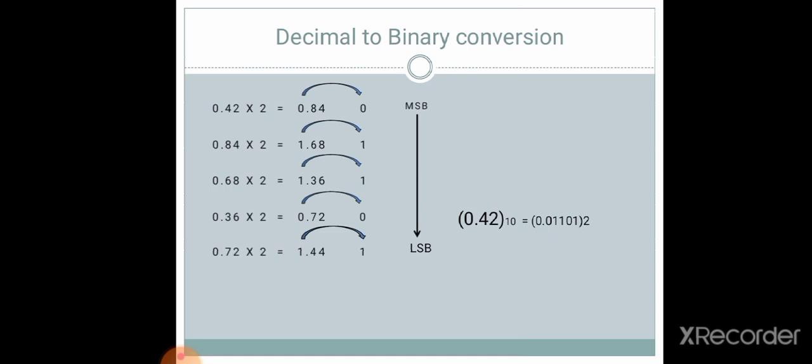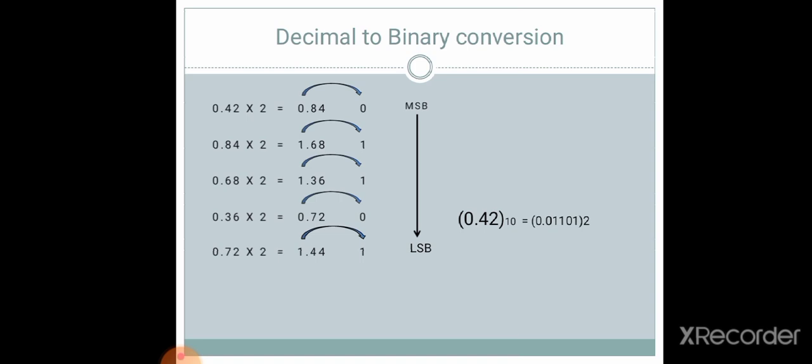right? So when we write down the answer of a fractional number, you have to write down your answer or copy your answer from top to bottom, right? So top to bottom means MSB to LSB. Now consider when we are doing a division for decimal number, we are writing our answer from bottom to top.